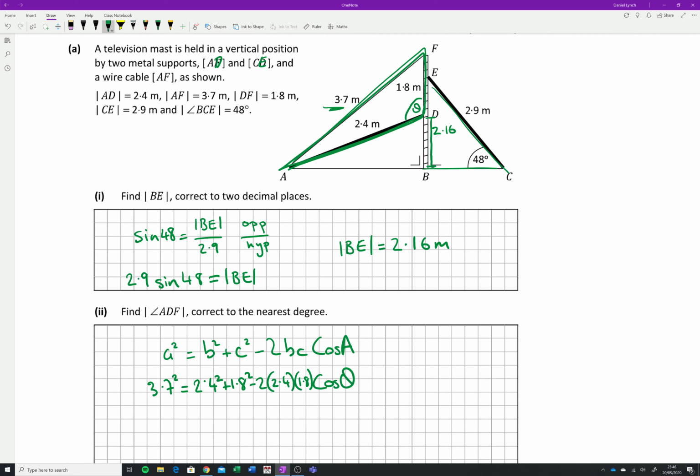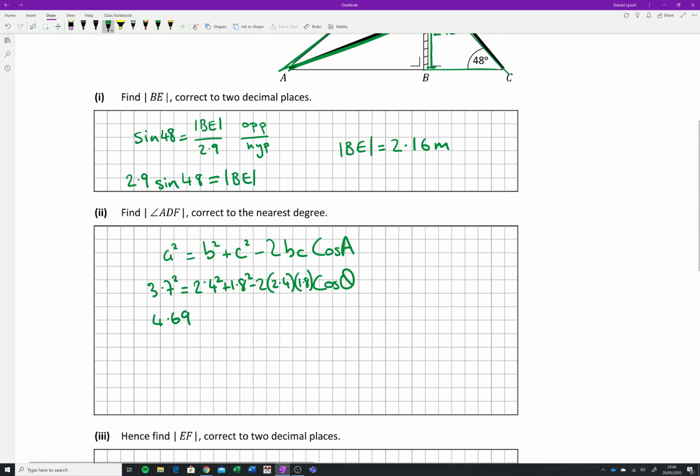Okay, so what's going to happen here? We're going to have 3.7 squared minus 2.4 squared minus 1.8 squared. So on the left hand side, 4.69, that's what I'm getting, is equal to minus, and this is going to be 2.4 times 2 times 1.8.